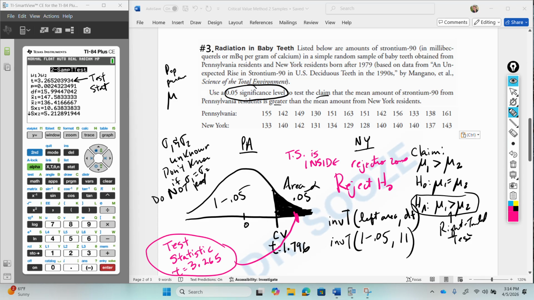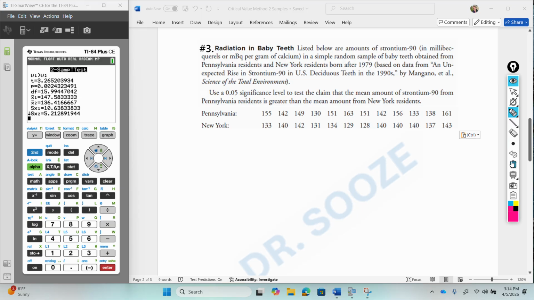Now, to get my wording of the final conclusion, the only thing that I need is the original claim and then whether or not I rejected the null hypothesis. So I'm going to get rid of everything else, and the original claim was that, and we rejected the null hypothesis.